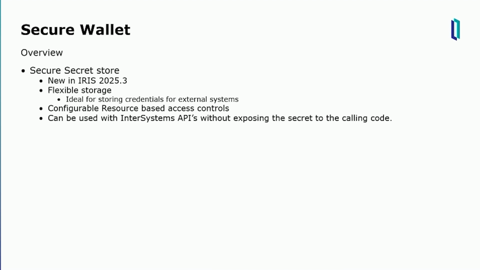Your code never sees the password, the secret, the API key. So the advantage here is you don't have to worry about accidentally exposing the secret, putting it in a log file, someone finding it from a mistake in your code, because your code never had it to begin with. So it allows better access controls if you're in that situation where you are using our APIs.